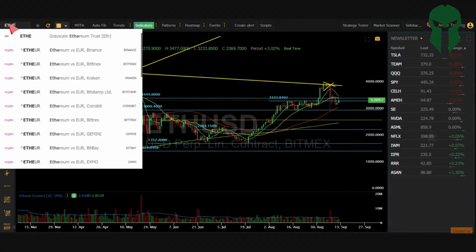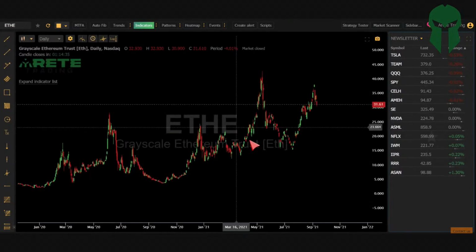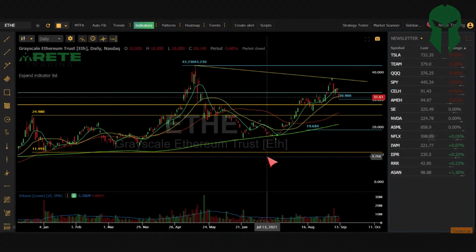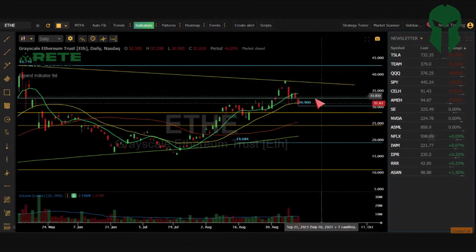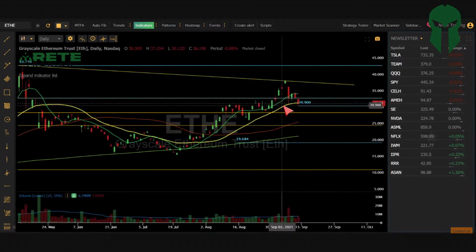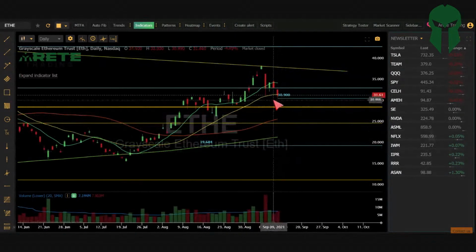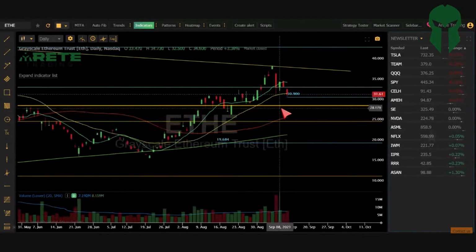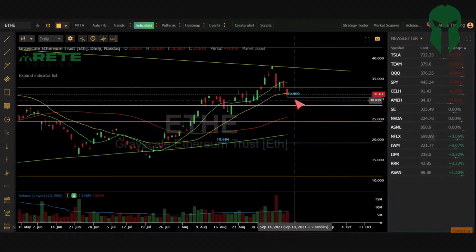If I could get in this even flat, you'd be all over this, because clearly you're going to have more of a discrepancy with the ETH. They call it a trust. I'm going to call it an ETF, but you can flip this level. If you flip this level, you're going to go.